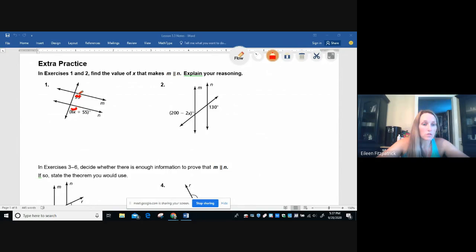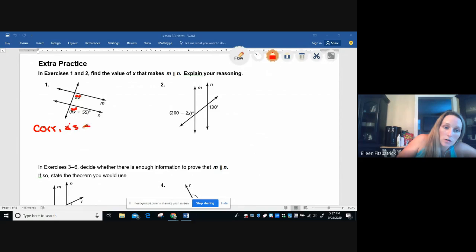Well, if those two angles were congruent corresponding angles, then my lines would be parallel. So that's what I'm going to write. If my corresponding angles were congruent, that would imply parallel lines. So in order for the lines to be parallel, they have to be congruent.